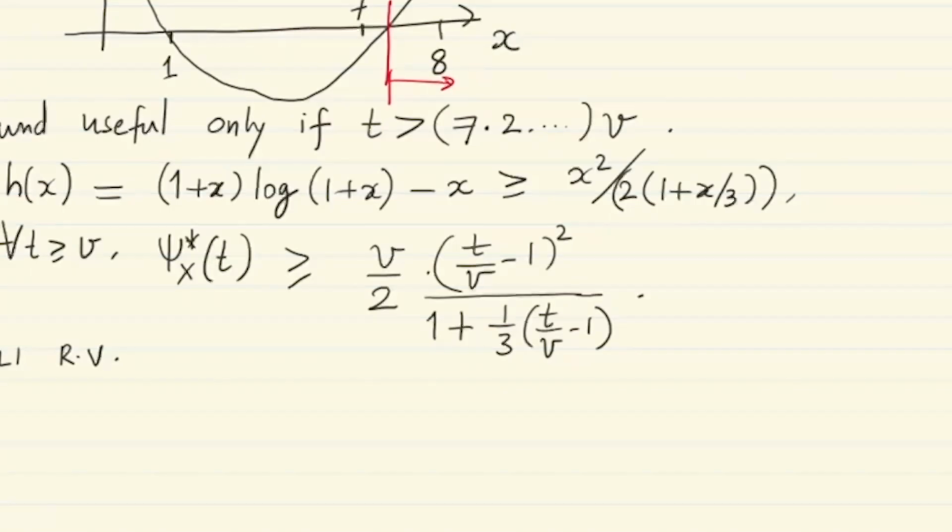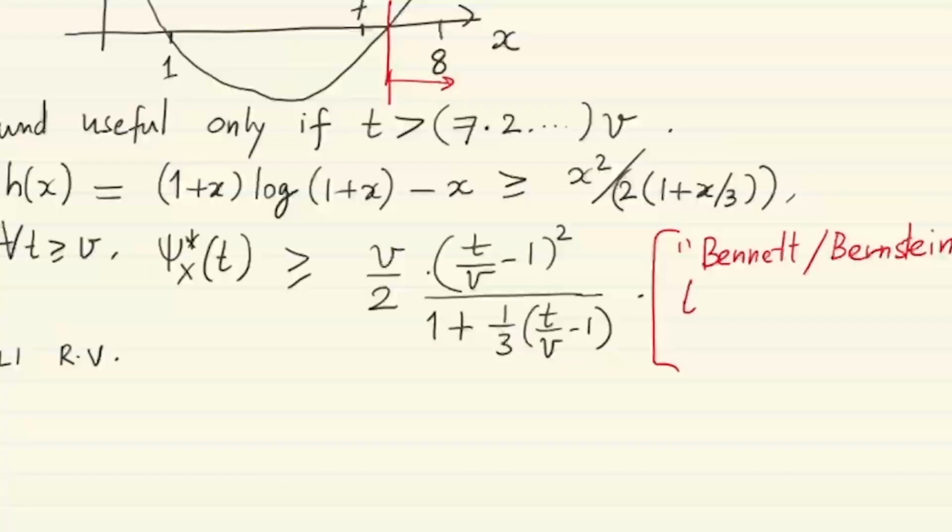So depending on whether t by v is close to 1 or not, you have either quadratic behavior for Cx star of t for large t, or for relatively smaller t, you basically have linear behavior. This is what is called a Bennett or a Bernstein type tail bound. We'll see this in more detail later.